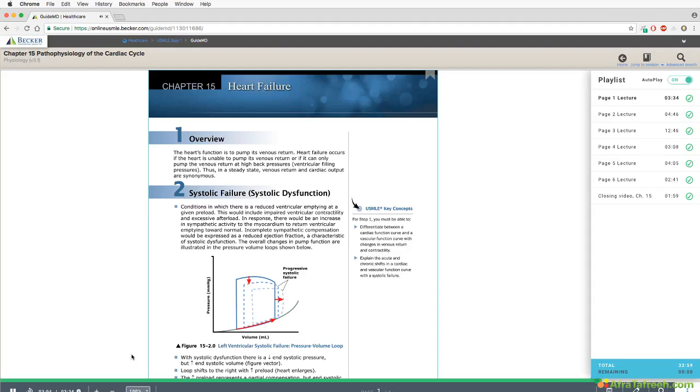But the increased preload means pressure is transmitted to the pulmonary circuit, vessel enlargement will ensue. Now, as long as you're in the compliant range, there is a minimal increase in pulmonary venous pressure. But once pressure increases to the point the vessel becomes stiff, then pressure is transmitted significantly upstream, capillary pressures increase, and it causes pulmonary congestion.